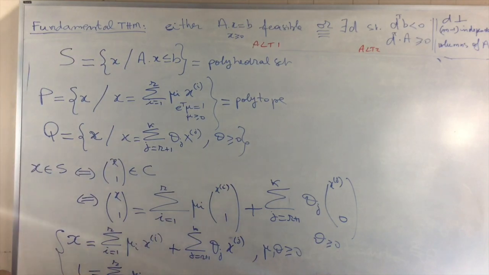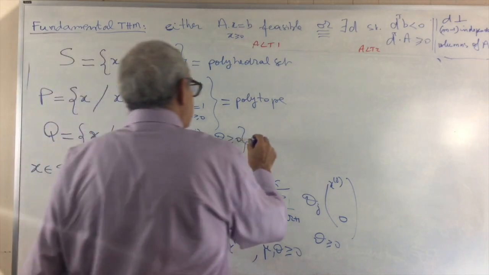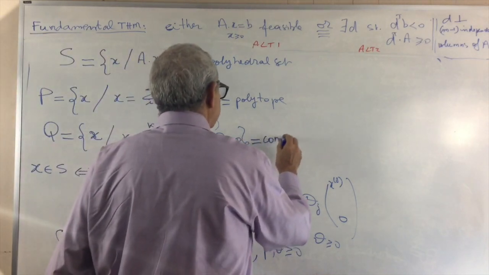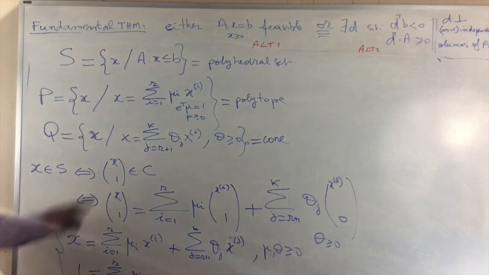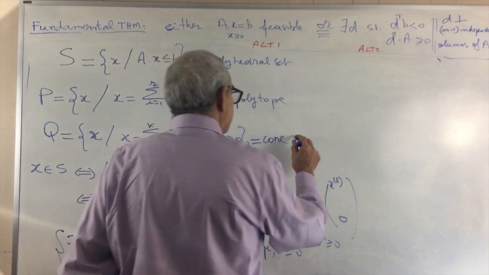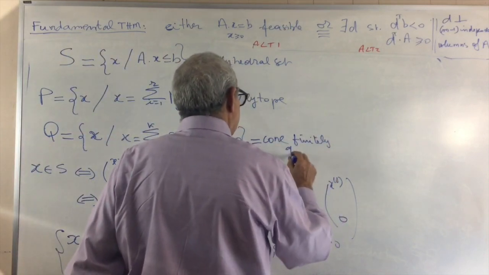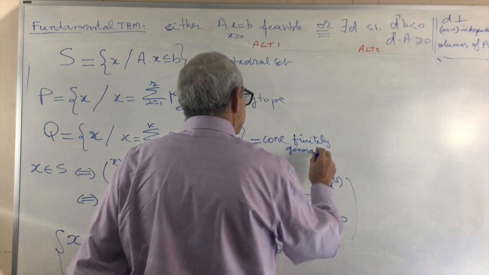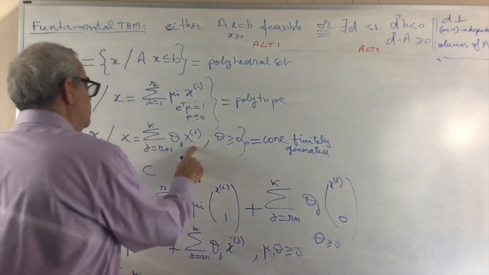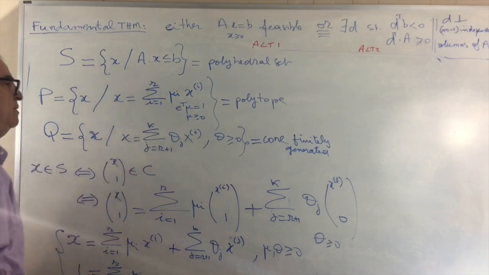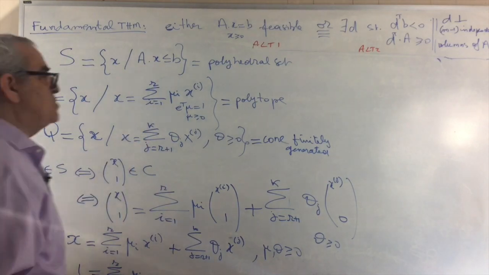This set here is obviously a cone. It's also a finitely generated cone, generated by this x_j from r plus 1 to k. And this is the theorem.